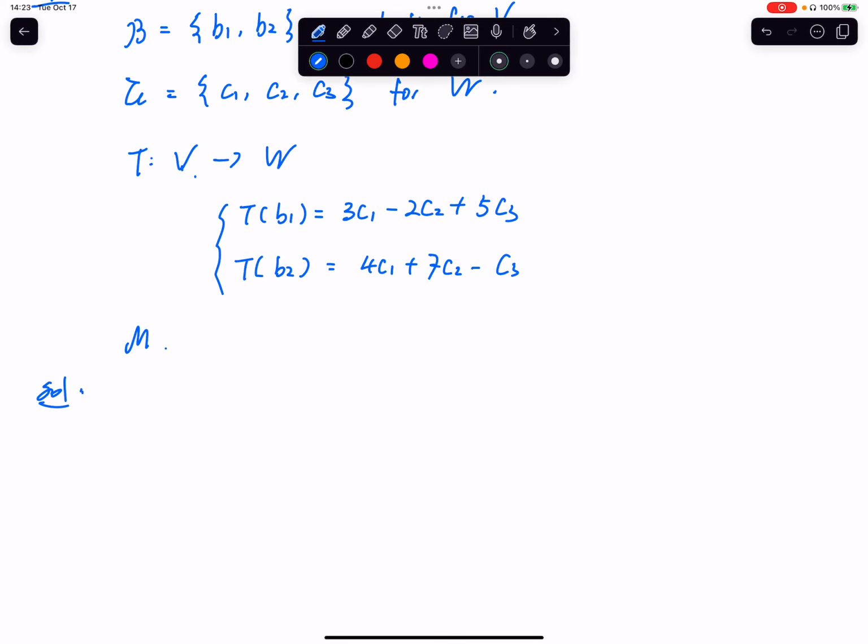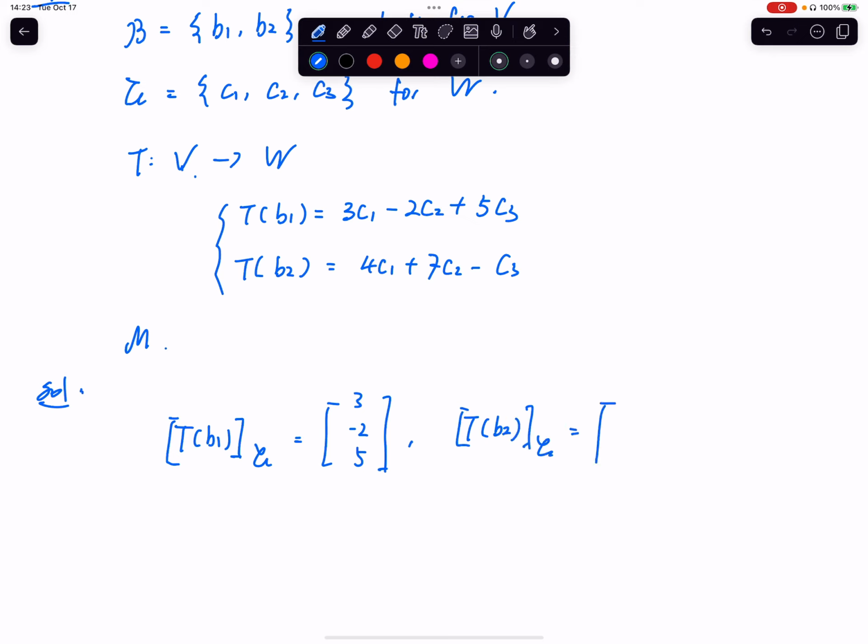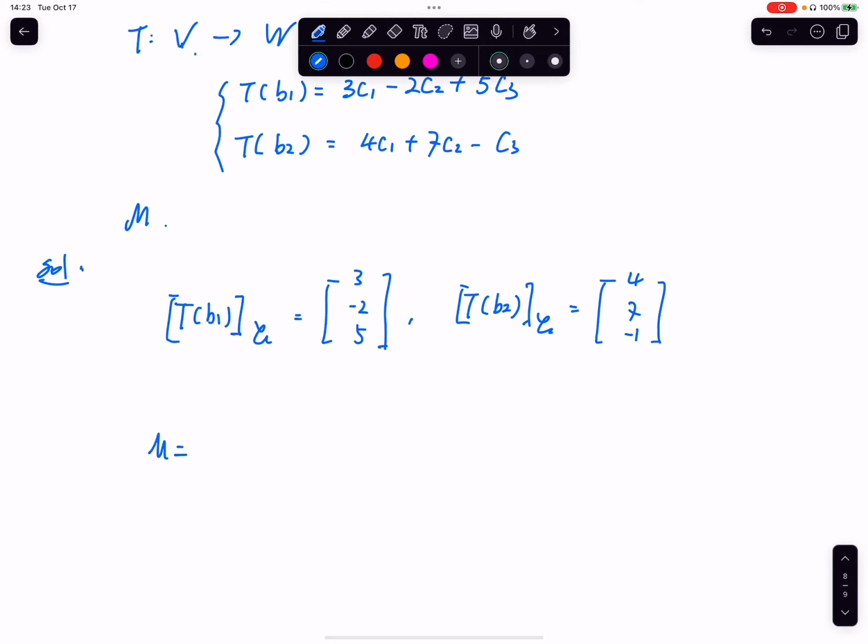Firstly, the C coordinate vectors of the images of b1 and b2 are [T(b1)]_C equals (3, -2, 5), while [T(b2)]_C equals (4, 7, -1). So as we see above, M has columns (3, -2, 5) and (4, 7, -1). We're done.